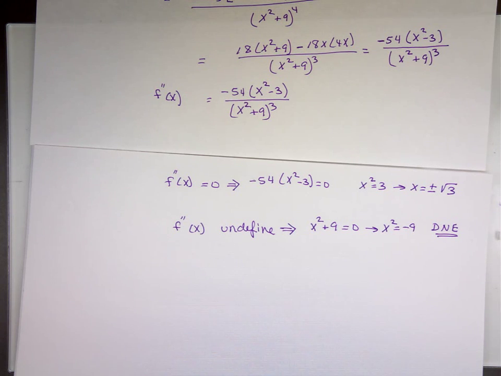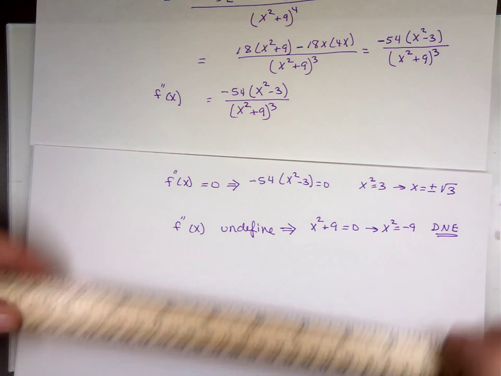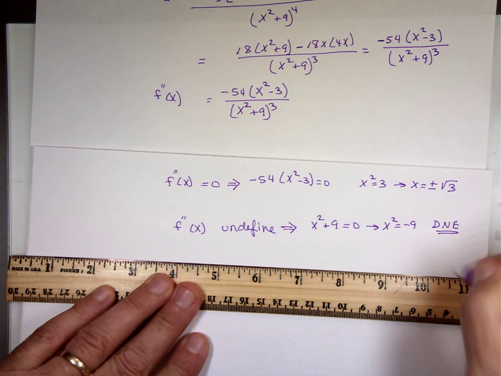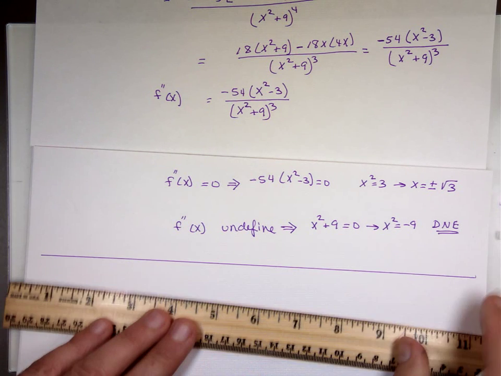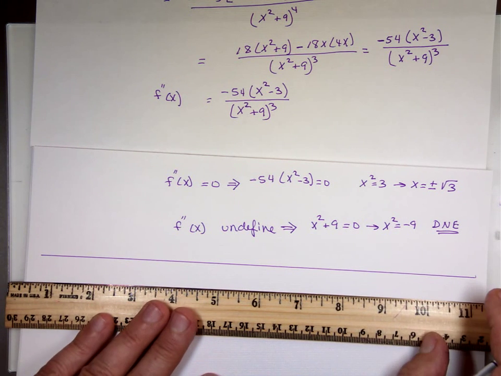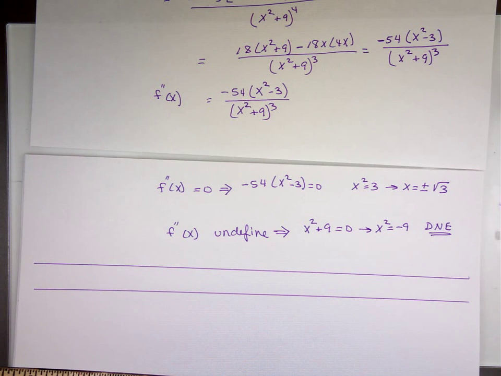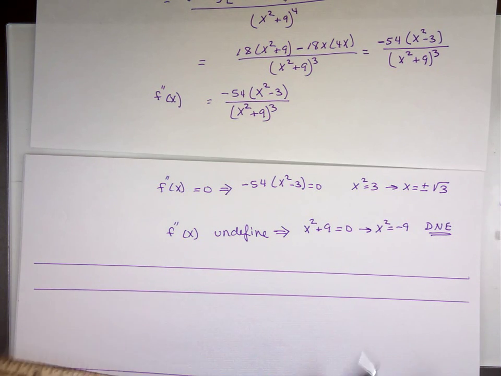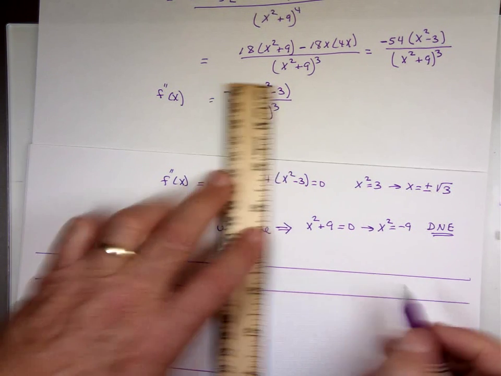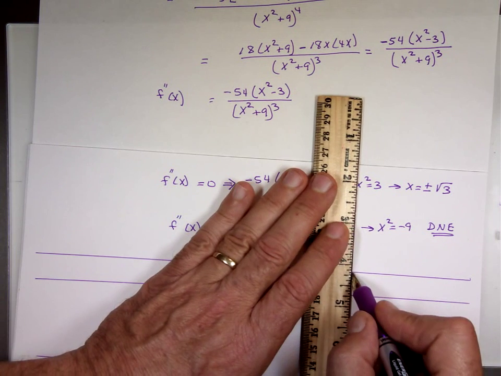Imaginary. So my second derivative, I don't care about the first derivative now. I'll make my box here just like the first derivative. I'm looking at the second derivative. I'm going to cut it into two parts.